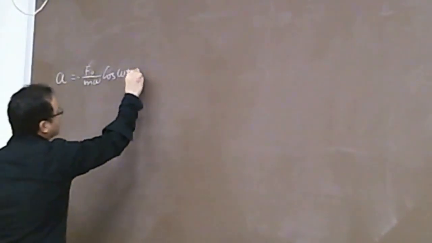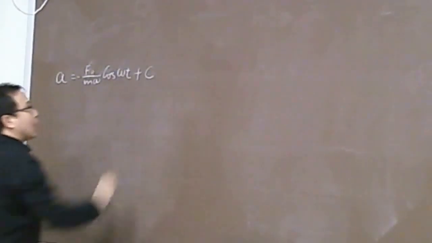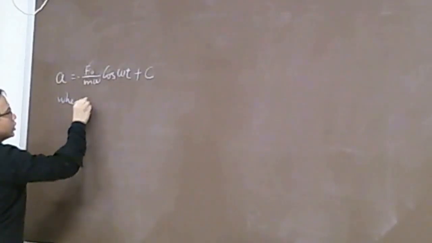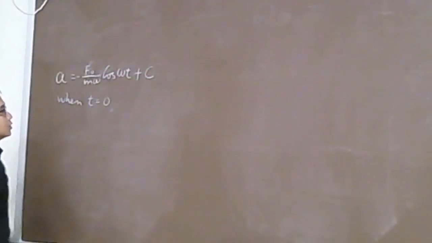But this is an indefinite integral, so it has some arbitrary constant. We have to fix the constant by thinking about when t equals 0. Oh, sorry, this is the velocity function.